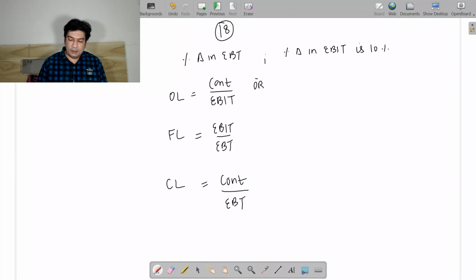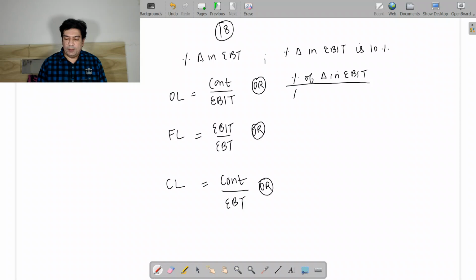Now there is another formula which also we need to know. So for operating leverage, we have percentage of change in EBIT divided by percentage of change in your sales. This is for operating leverage.